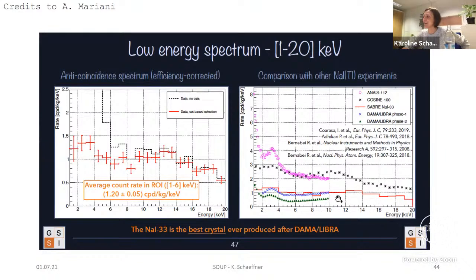You see they are where DAMA is, or even below. I would say this is really great, and it's a lot of effort. Now they of course have to produce more of that crystal, but this is a big achievement, as in the last decade it was not possible to produce crystals as clean as the one used in the DAMA experiment.